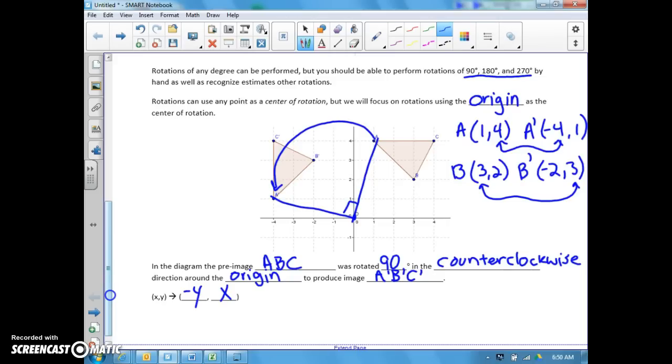So we think our rule is (x, y) goes to (-y, x). Let's test it with point C, which is at (4, 4). That's not a great point to test with, but oh well. Using this, I would expect it to become (-4, 4). Did it? Yes, it did.